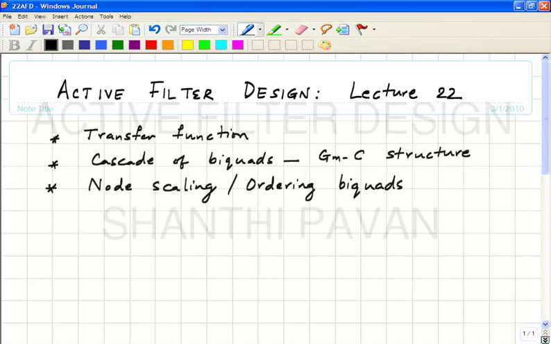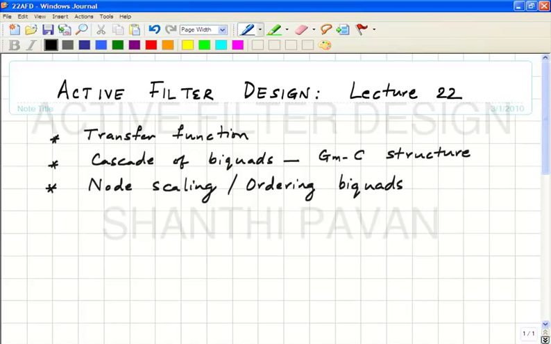You have an LC ladder terminated on both sides with equal resistors. We also saw that such a ladder has very nice sensitivity properties, in the sense that everywhere in the passband there is either zero sensitivity or low sensitivity to component variations, which makes the ladder a very attractive candidate for realizing high order filters.